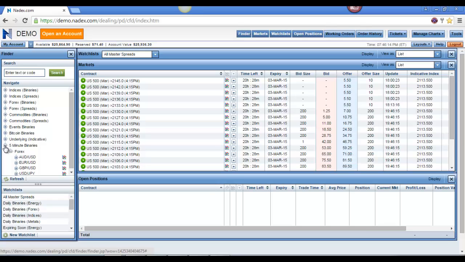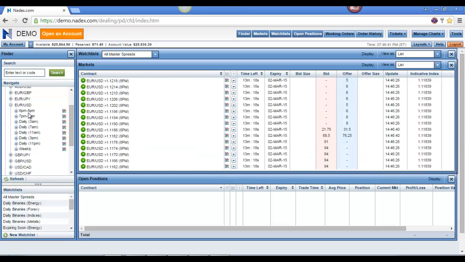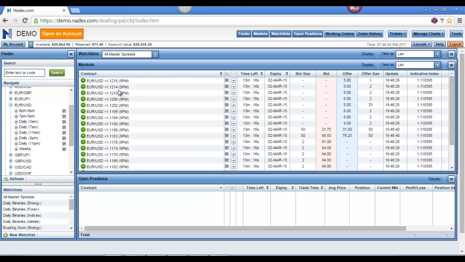Let's look here at Forex binaries. I'm going to pull up the euro dollar. You see right here, what do we have? We've got different expiration times. So on the euro dollar right now, we've got a contract that goes from 6 p.m. to 8 p.m. Eastern, one that's open 7 to 9 p.m., and then some that expire here tonight at 11 p.m. Okay, so like these here are 4 ticks wide. Okay, see that?